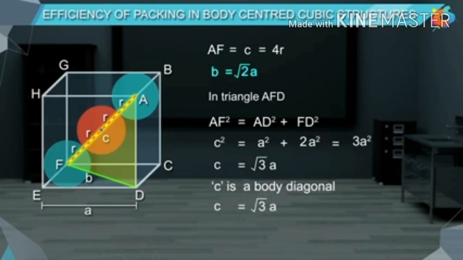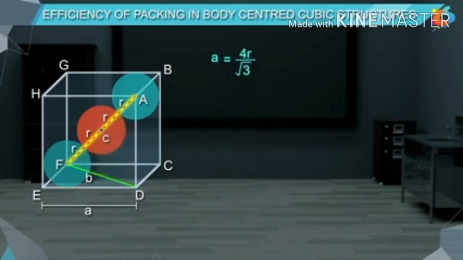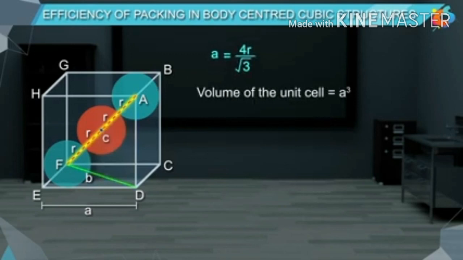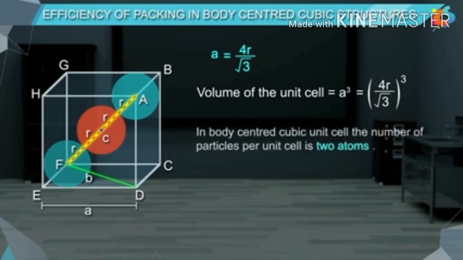Therefore, c is equal to square root 3 a, which is equal to 4r. a is equal to 4r by square root of 3. Volume of the unit cell is equal to a cube, which is equal to 4r by square root of 3 raised to whole cube. In body-centered cubic unit cell, the number of particles per unit cell is 2 atoms.